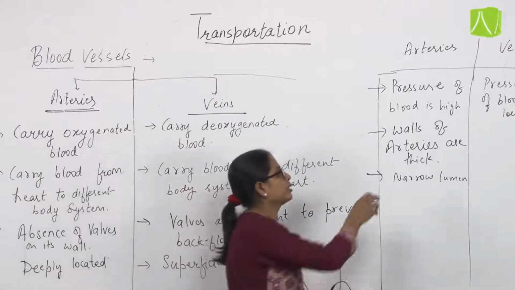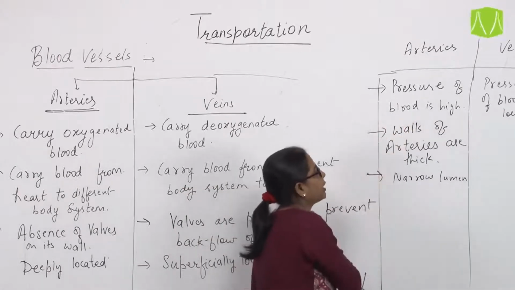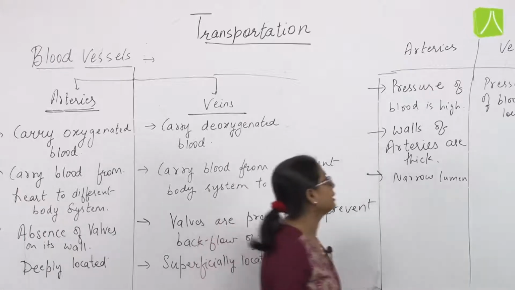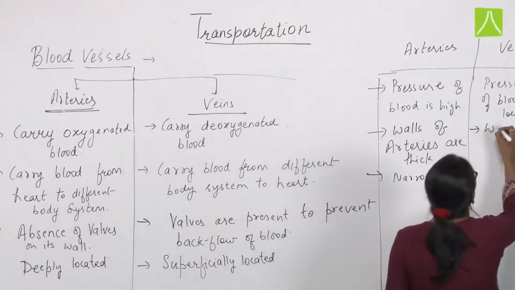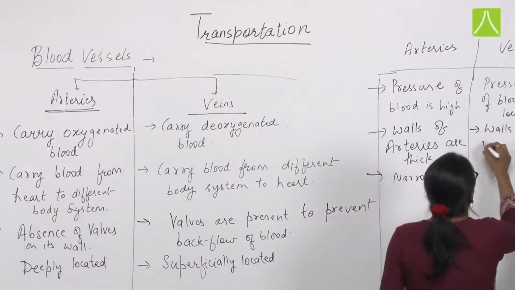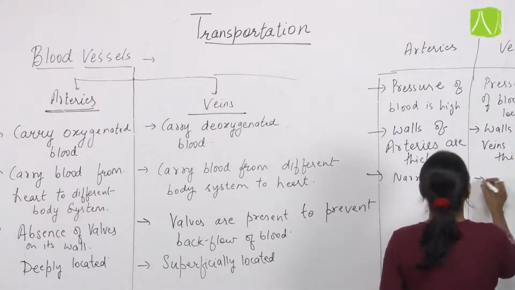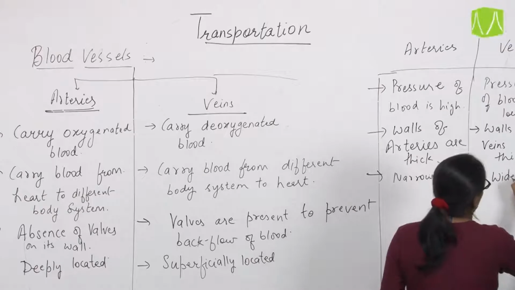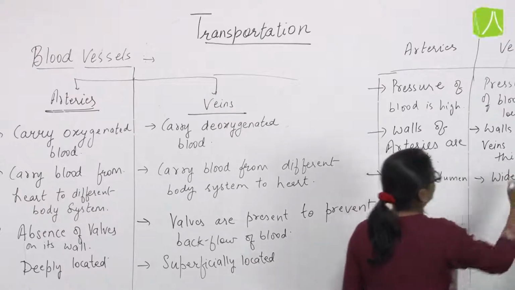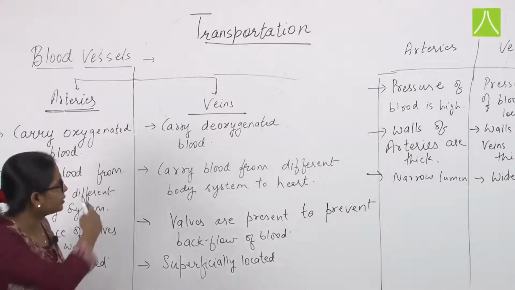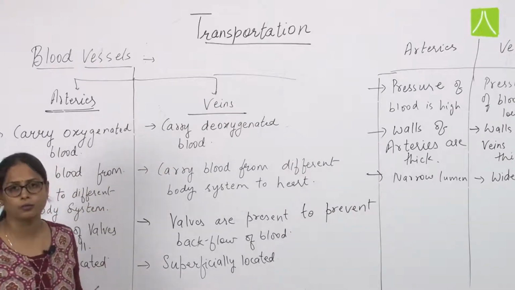That is why high pressure is maintained in arteries because of thick walls and narrow lumen. And just oppositely, in veins the walls are thin, and the lumen is wide. Fine. So in this manner, these are the basic differences between arteries and veins.